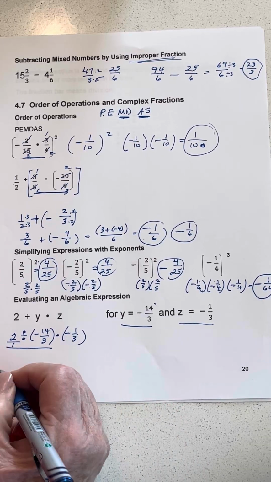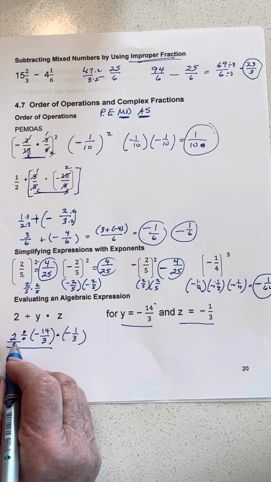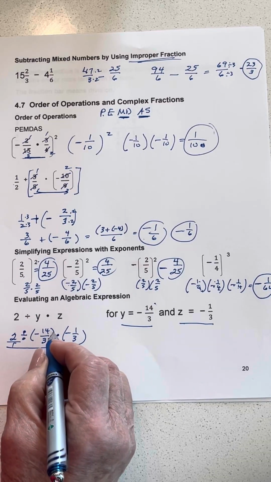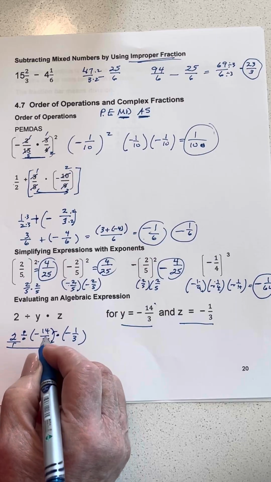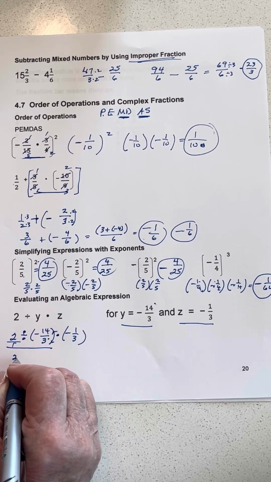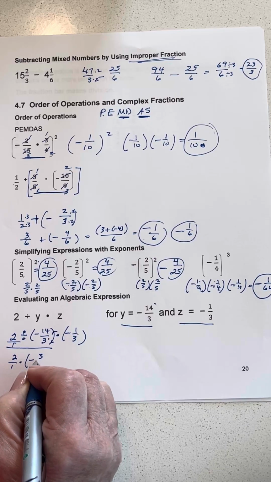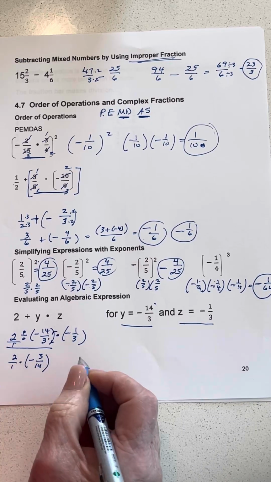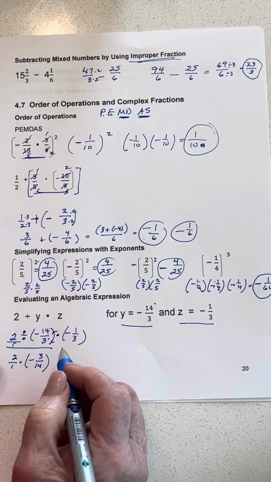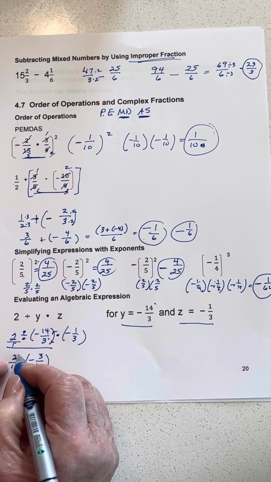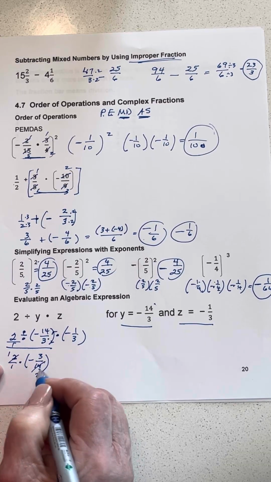We know this is 2 over 1, and instead of dividing, we're going to multiply by the reciprocal, so we're going to flip this one over. So we have 2 over 1 times negative 3 over 14. I'm looking for things I can simplify, cancel, and I can divide this numerator and this denominator by 2.